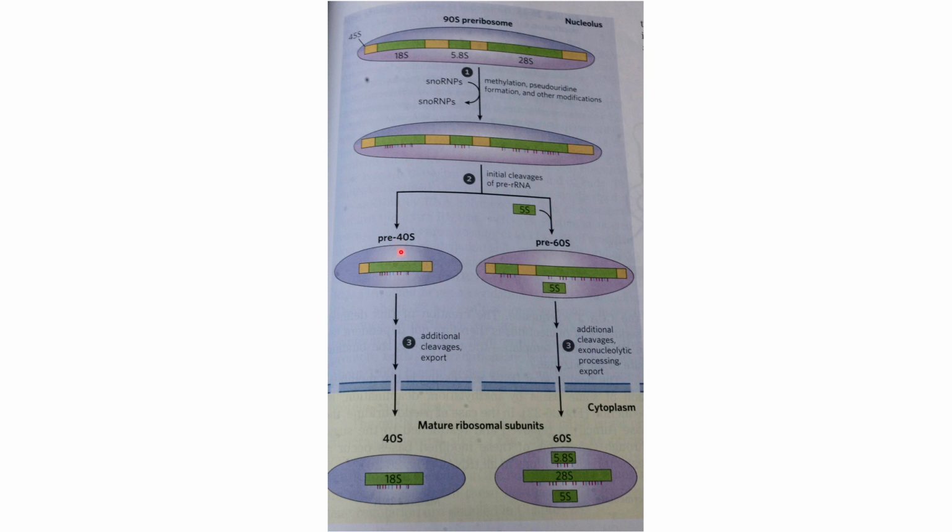You have pre-40S, pre-60S, and additional cleavages occur with nuclease processing, give you finally the 60S and 40S ribosomal subunits. These are complexes of protein and RNA, and these are active in translation of protein synthesis.